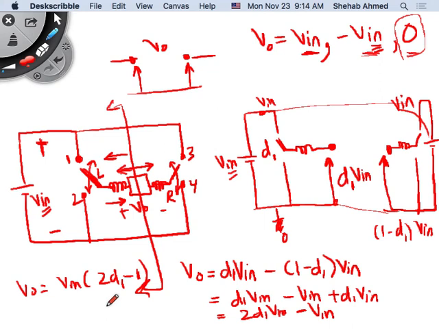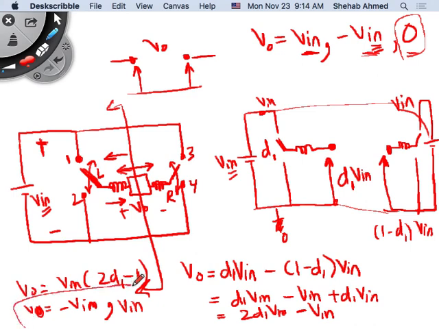So if duty ratio is equal to 0, what's my V output? Minus V in, exactly. If duty ratio is equal to 1, what is my V output? V in, right?